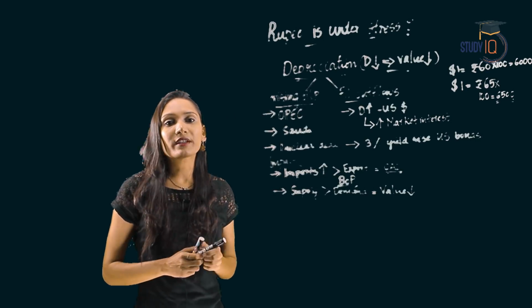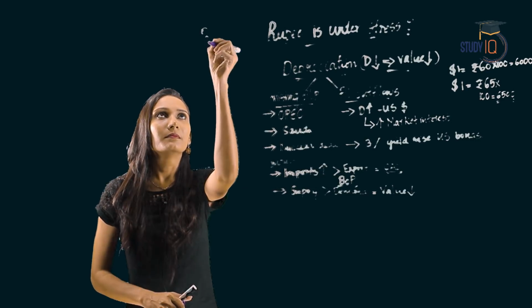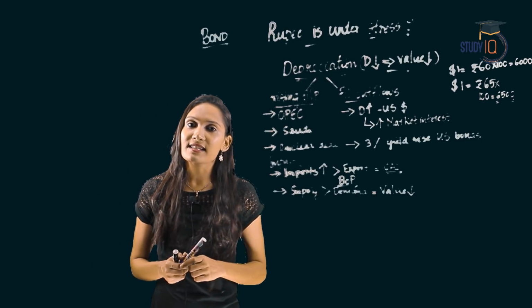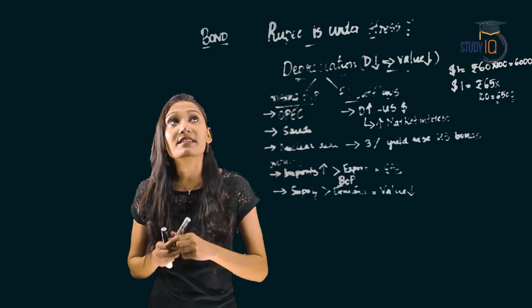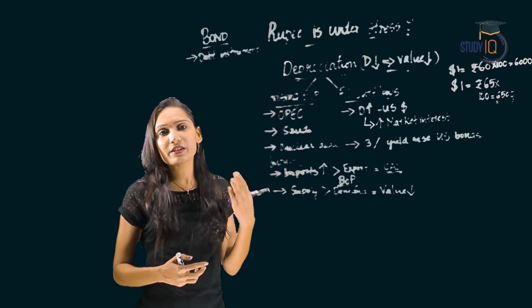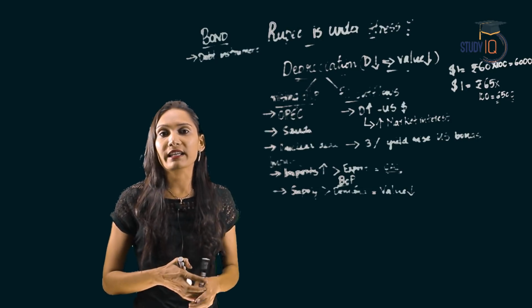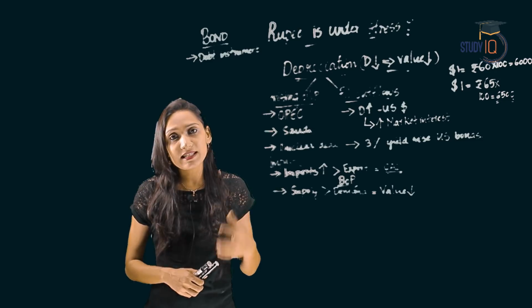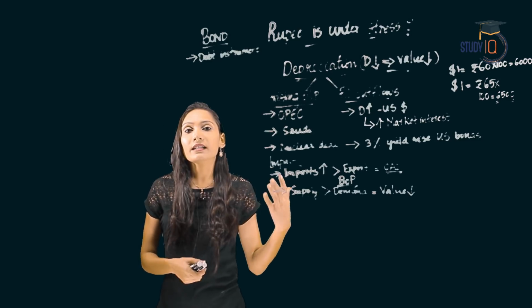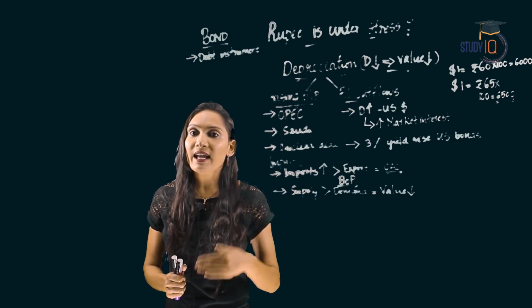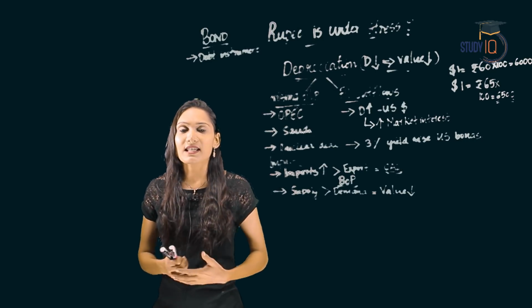Now let us see what is a bond. Bond is a financial instrument. It is a debt instrument. The maturity of a bond is more than 1 year, and the interest of the bond will be mentioned in the bond itself. Two terms you should know: one is the issuer of the bond and the second is the purchaser.